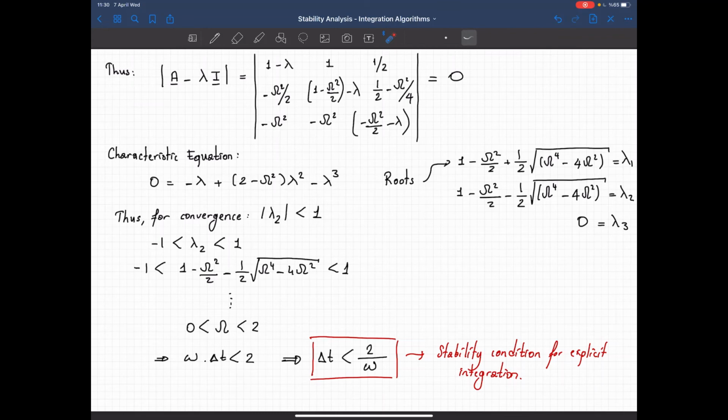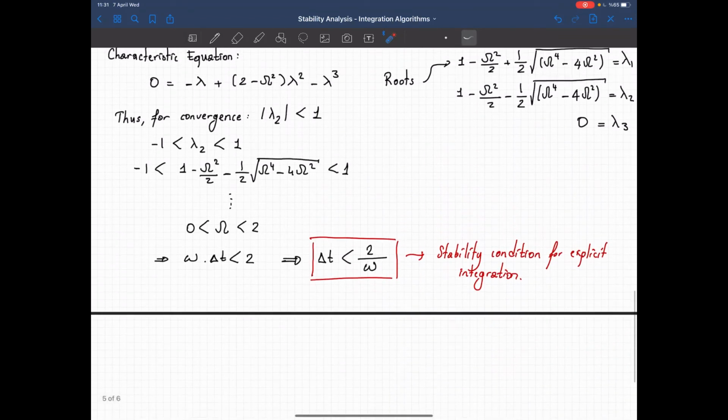Your results will go to infinity. That's the main problem with the explicit algorithms. They are conditionally stable, and if you are solving a large structure with many degrees of freedom, what governs the delta t will be the largest natural frequency.